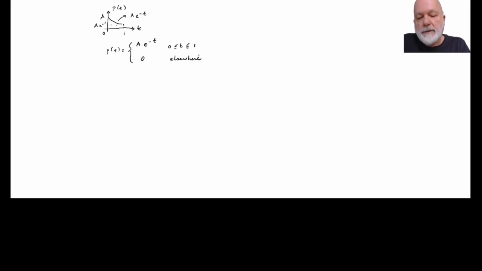Okay, so we have this finite duration signal. Now we obtain a periodic signal by the periodic extension of this signal as follows. Let us define x of t as the sum over m from minus infinity to plus infinity of p of t minus 2m. So we have the periodic extension with fundamental period T0 equal to 2.